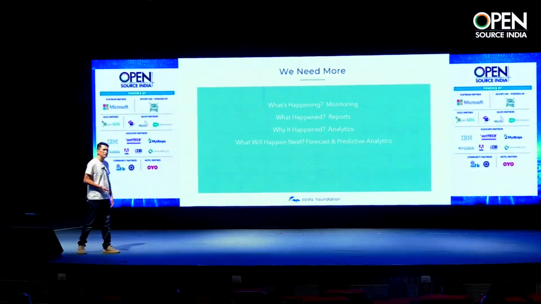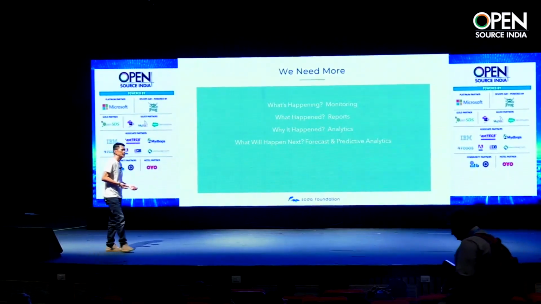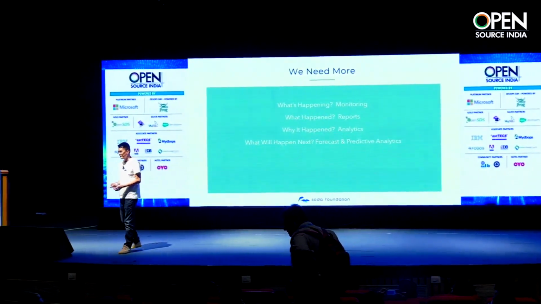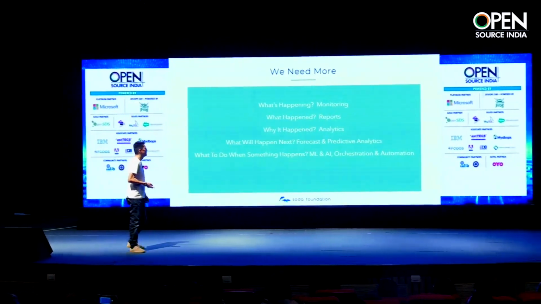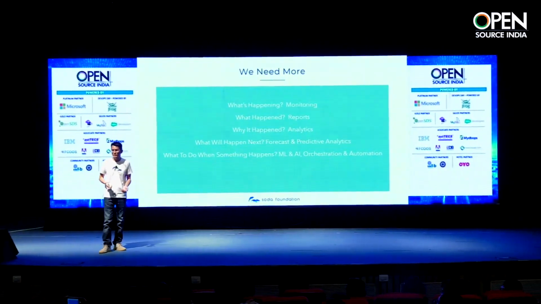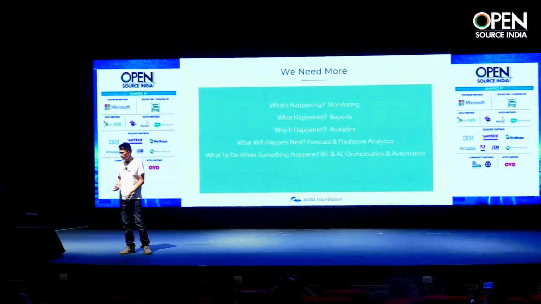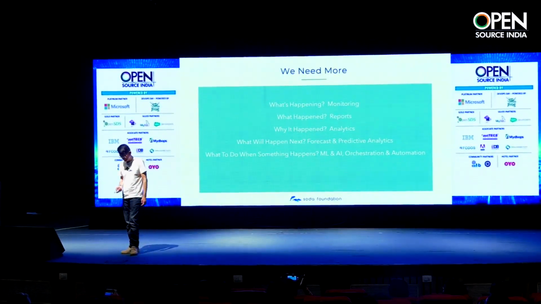And also, we're always planning for the future, like what happens next? Okay, we need predictive analytics, we need forecasting, to do planning. And ultimately, if something really happens, how can we handle the problem or issues? Okay, so we need machine learning, AI kind of stuff, orchestration and automation.